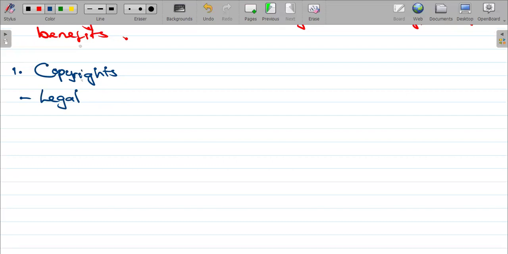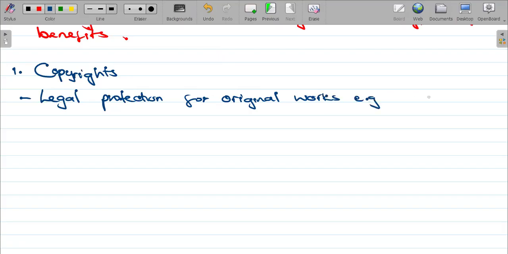It's a legal protection for original works such as music, films, books, and software.